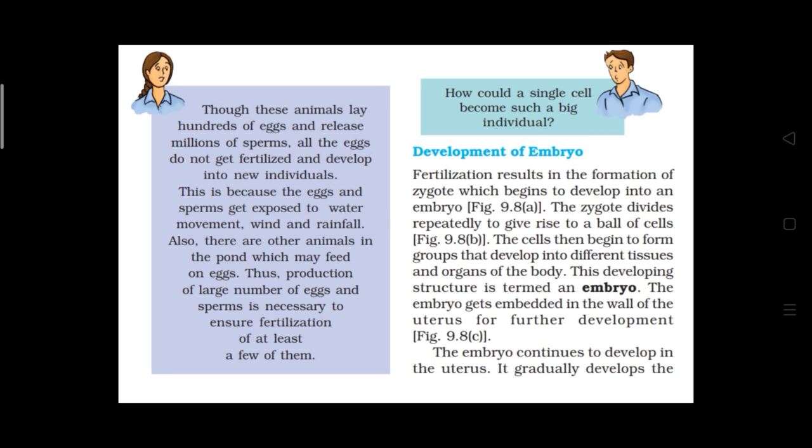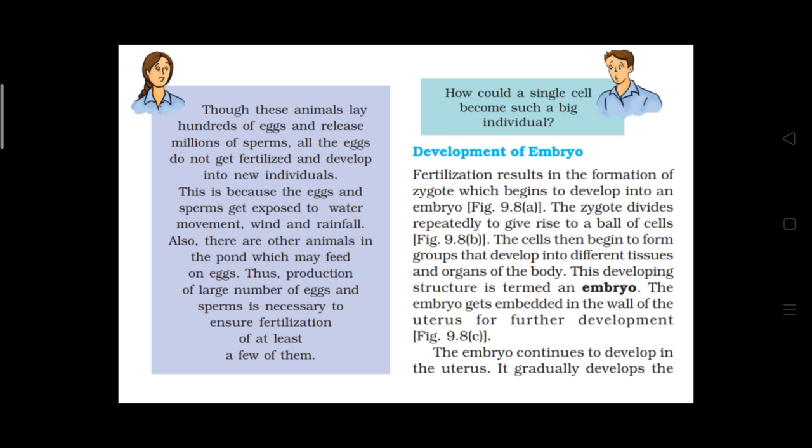Why do fish and frogs lay eggs in hundreds, whereas a hen lays only one egg at a time? The reason is, in hen it is internal fertilization. The egg is protected inside the female body. But in the case of frogs and fish, it is external fertilization. Eggs are laid outside the female body, so eggs are not protected.